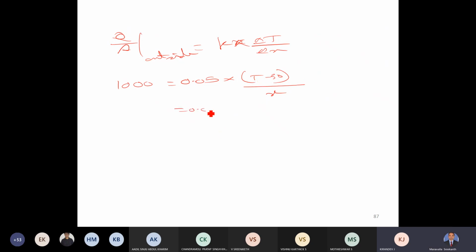This is 0.05 multiplied by T minus 30, divided by X. So from this I can find the value of X. So we can evaluate this.